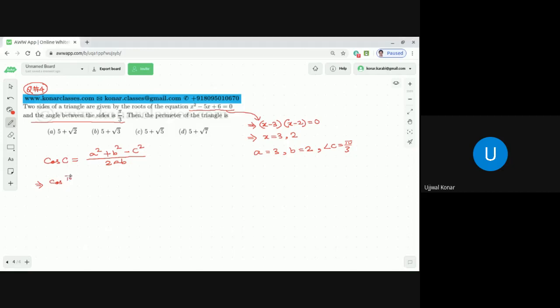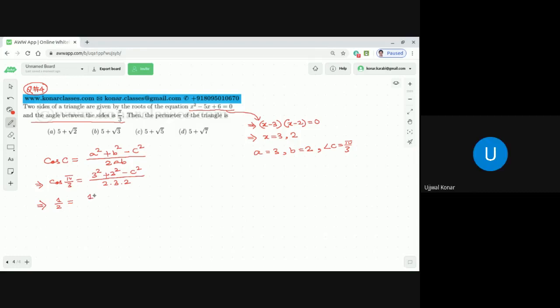So cos pi by 3 should be equal to a square, 3 square, plus b square, 2 square, minus c square, divided by 2 into a, 3, into b, 2. What is the value of cos pi by 3? We know the value is 1 by 2.